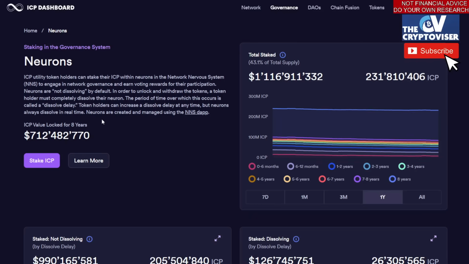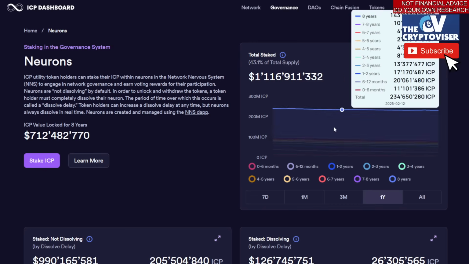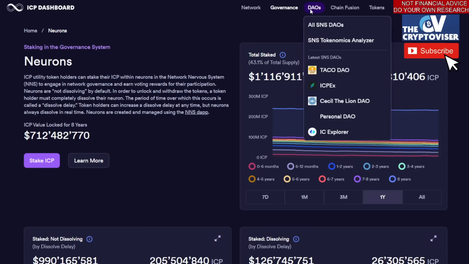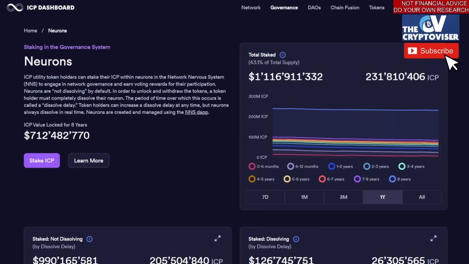And that's why we see treasuries getting drained in other ecosystems, staking percentages decreasing pretty substantially. And that's not what's happening in Internet Computer. While they have had a slight decrease in overall staking, the long-term staking is increasing, and that's showing, for me at least, a very bullish metric.